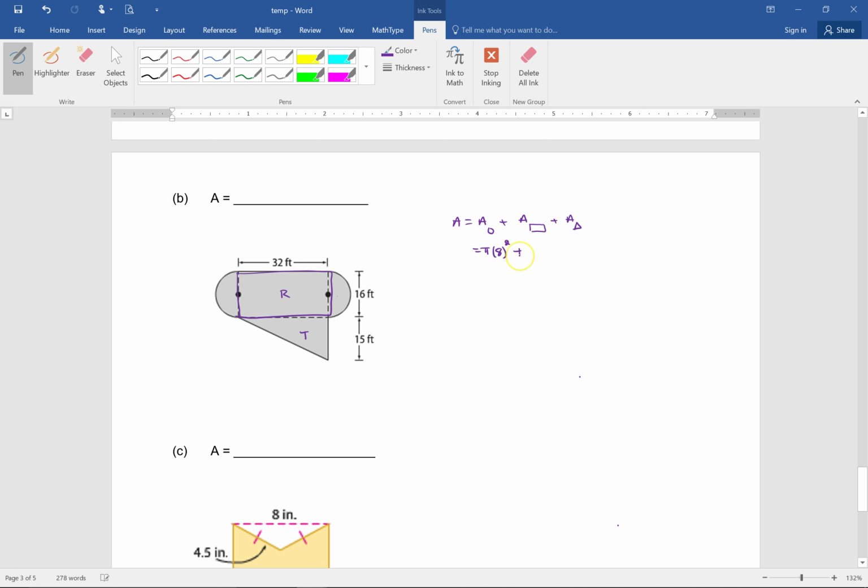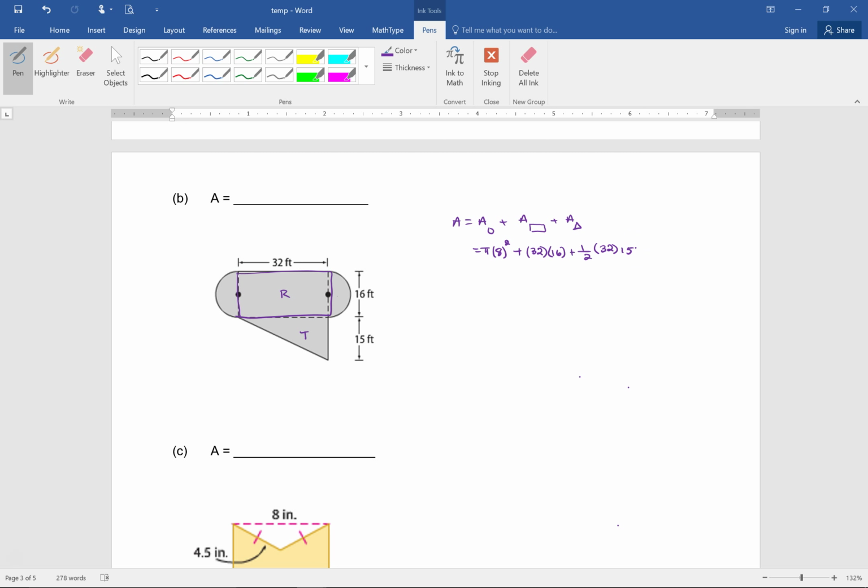Plus, for the rectangle, it's what times what? 32 times 16. And the triangle, remember, has a half. It's half times what times what? Right. 32 times 15. Okay.